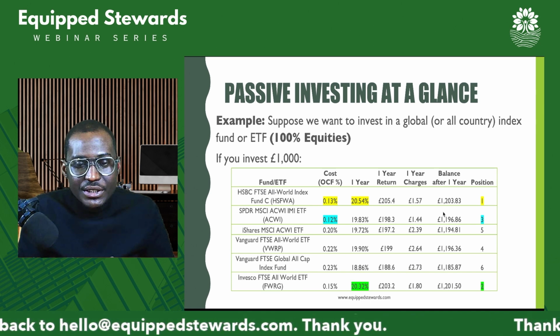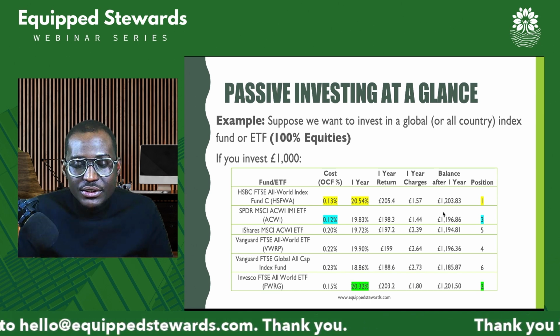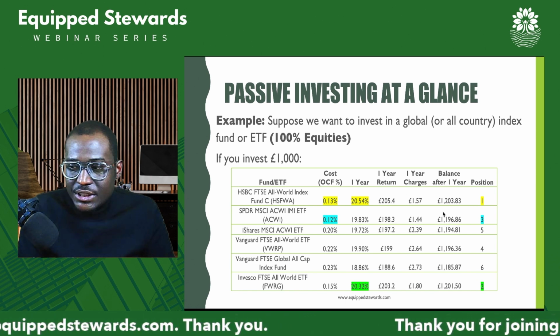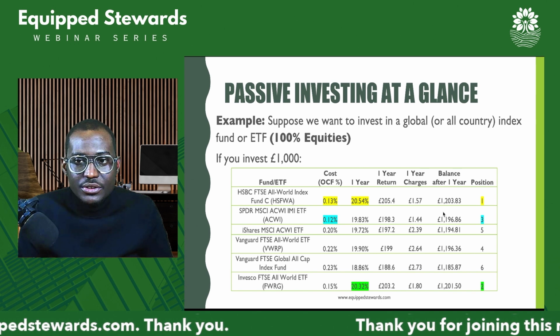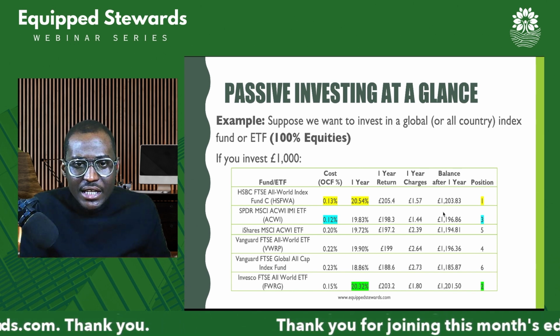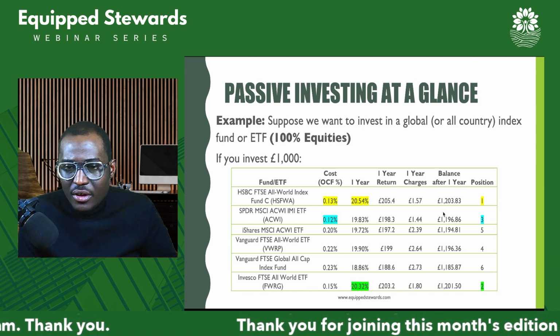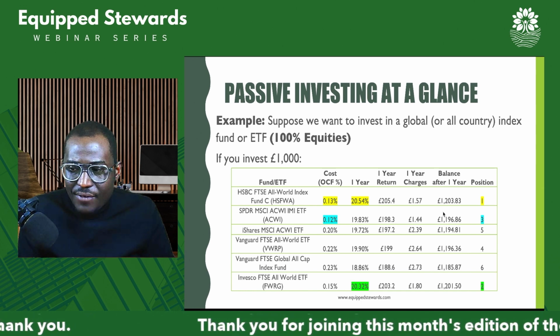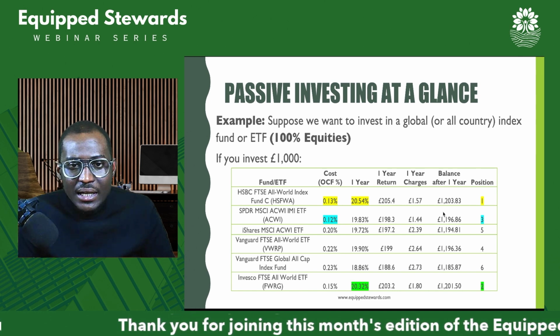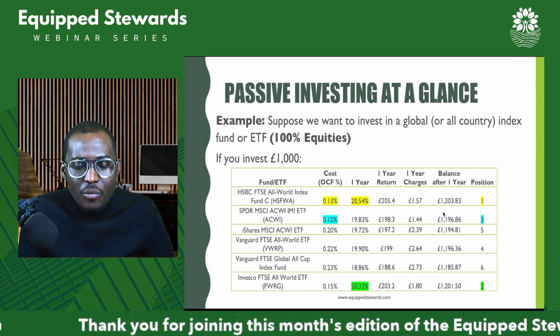If HSBC will charge me £1 per month, then I check, okay, which other platform? For example, Vanguard will charge me £4 per month. So if I put it in comparison, I would say, well, it's better to hold it in a place that charges less than £4. But then I can also check, can I find it on, for example, Trading 212 or Free Trade that charges £0 per month per year?